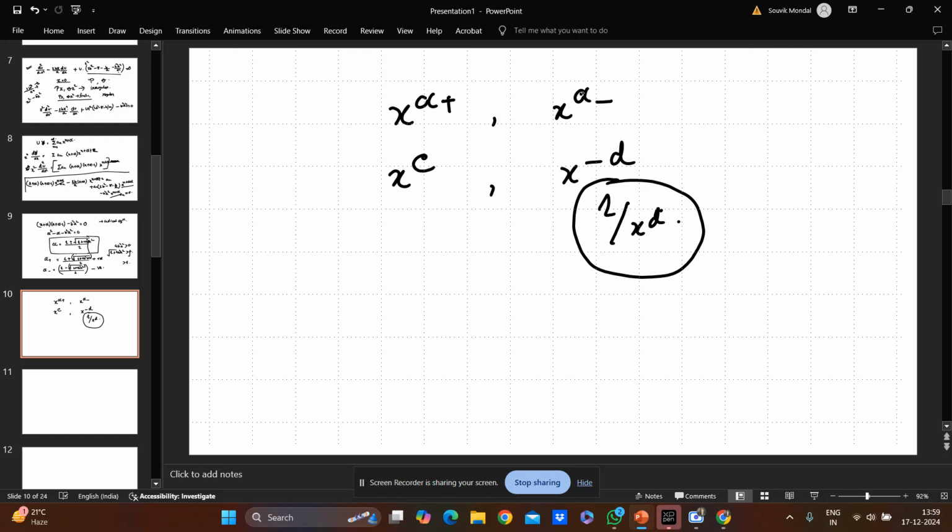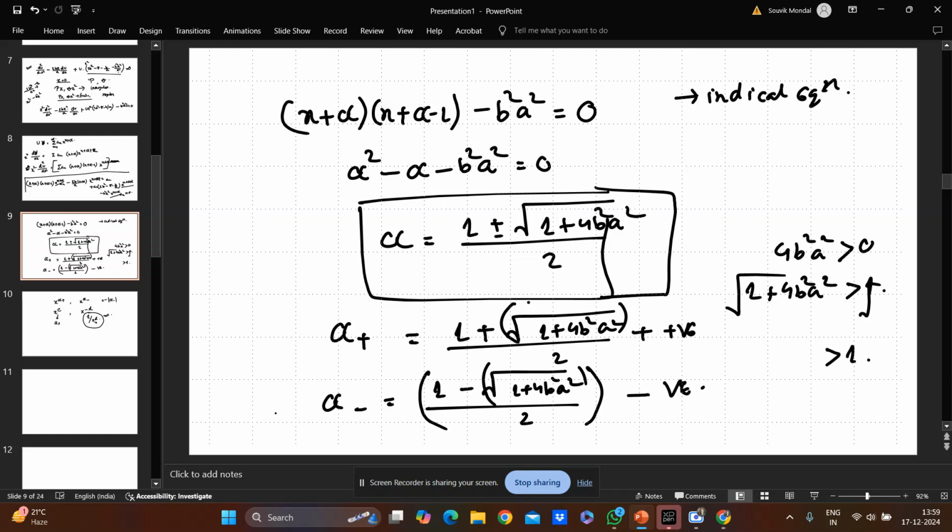Alpha minus is negative, and take the negative sign outside, so I'm writing mod alpha minus. So at x tends to 0, this term will surely diverge. Okay, so the leading order contribution is from the alpha plus term. So you have to omit this solution. The alpha minus solution will not be there at x tends to 0. Okay, this is what they are asking.